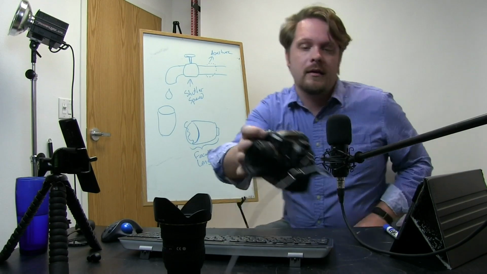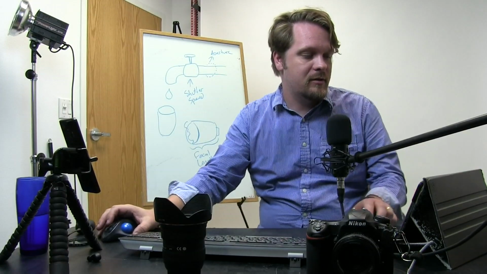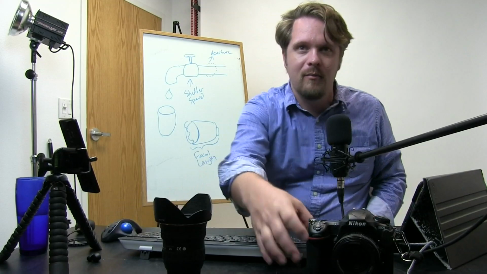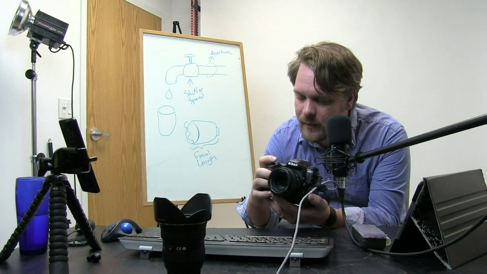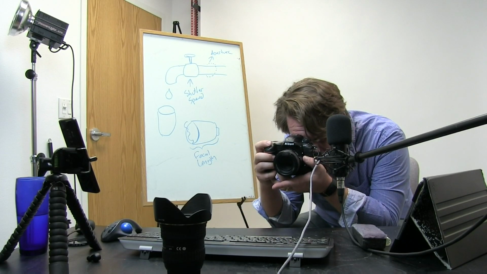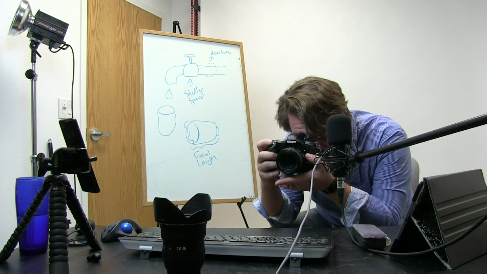Alright, so that was almost the same picture. Oh, we got motion blur because we had to slow our shutter speed down. Let's try this one more time. We'll do it at ISO 400.